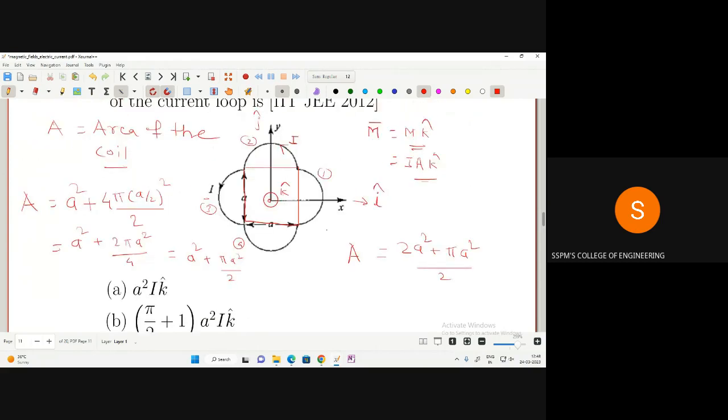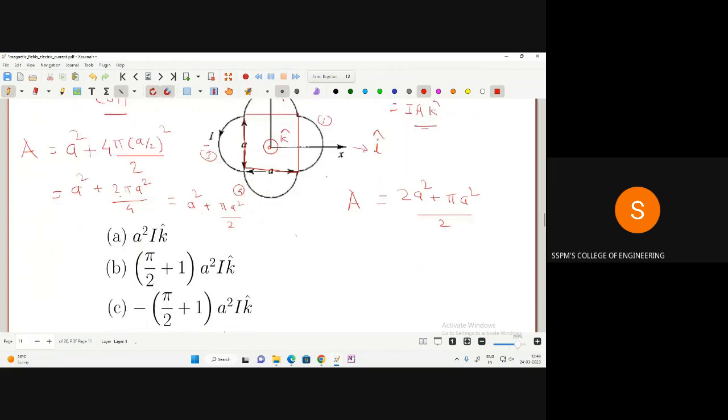Now find the magnetic moment. The magnetic moment M is equal to I into area. Let me note the area as it is: a square plus pi a square divided by 2, and the unit vector is k cap.